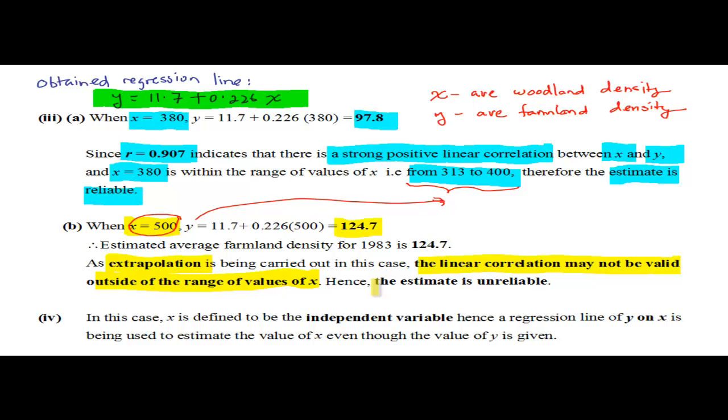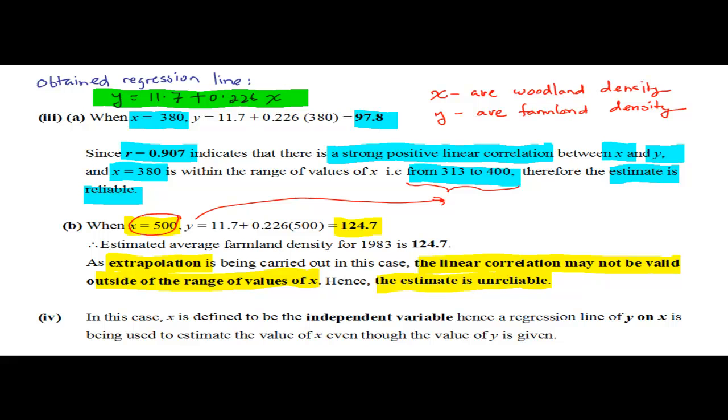At x equals 500, the data point is outside that range, so we don't know whether outside this data range the relationship is still going to be linear. Therefore, for any extrapolation, the estimate is unreliable.